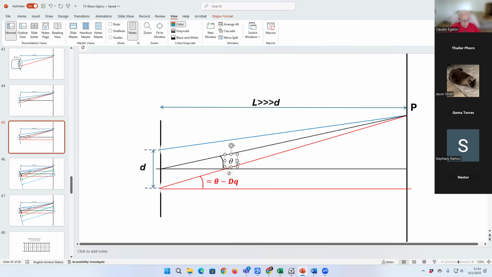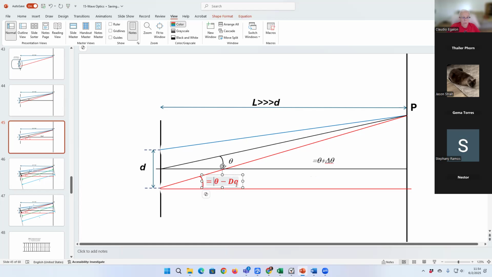I'm gonna copy this one. Okay, this one is working. Theta plus delta theta, okay? Equal lowercase theta. Yeah, here you go.